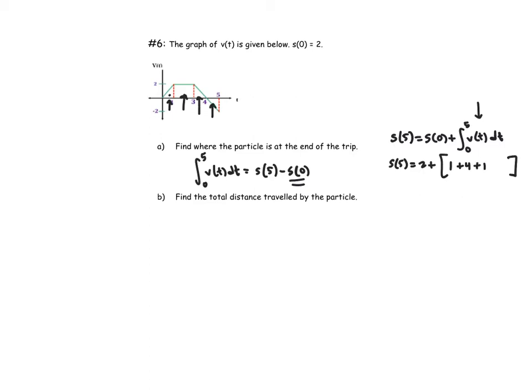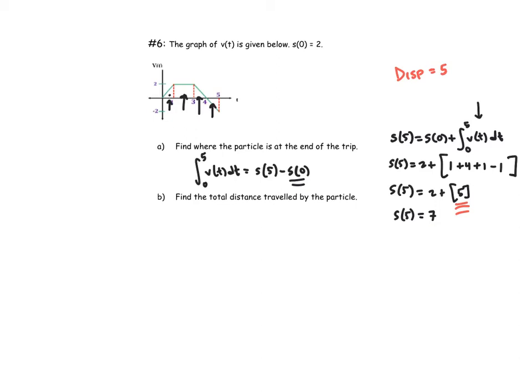And this triangle will be an area of -1. Therefore, the position at time 5 will be 2 plus 5, which is 7. Notice that the change in position was 5 units. That's the displacement. So the displacement is 5 units from where it started.